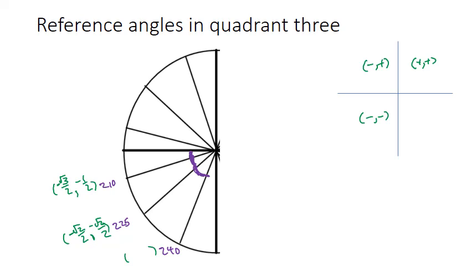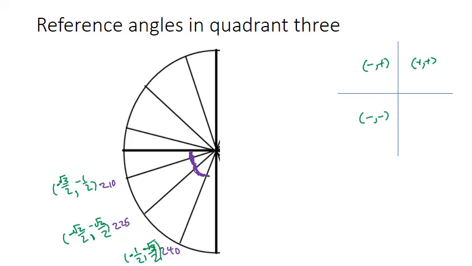For our reference angle of 60 degrees in quadrant 3, remember this is basically just negative, negative, so it'll be negative 1/2, comma, negative radical 3 over 2.